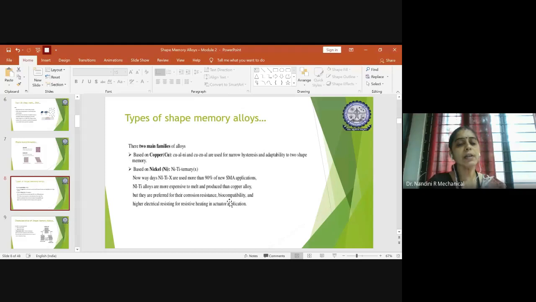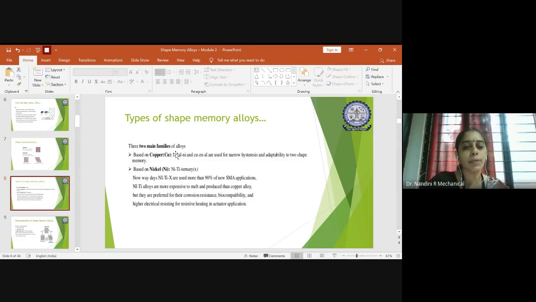I think we have to start with the types of shape memory alloys which are in existence. Once you know what shape memory alloy means, how it works, and the phase transformation, you should also be very keen on the main classifications of shape memory alloys. In this aspect, we have two main families, two huge bifurcations.